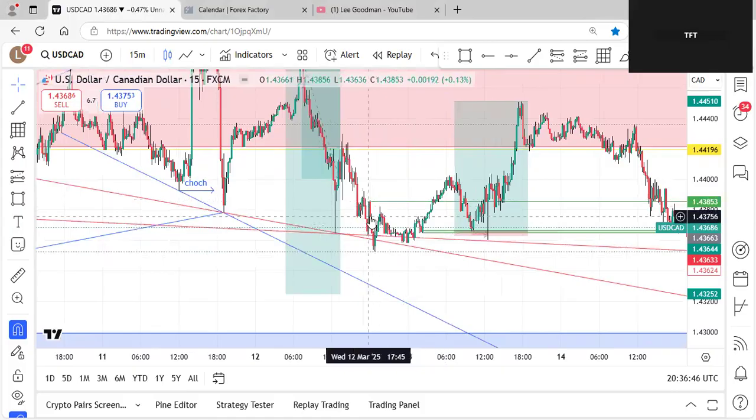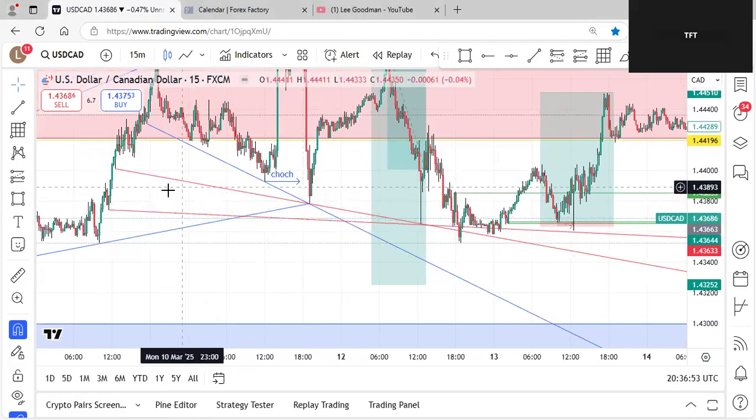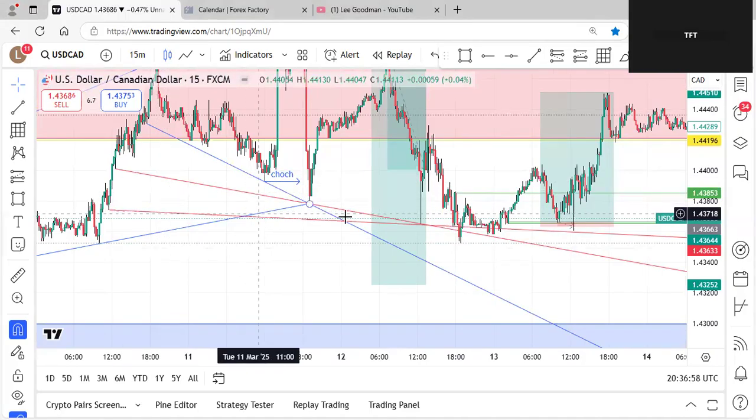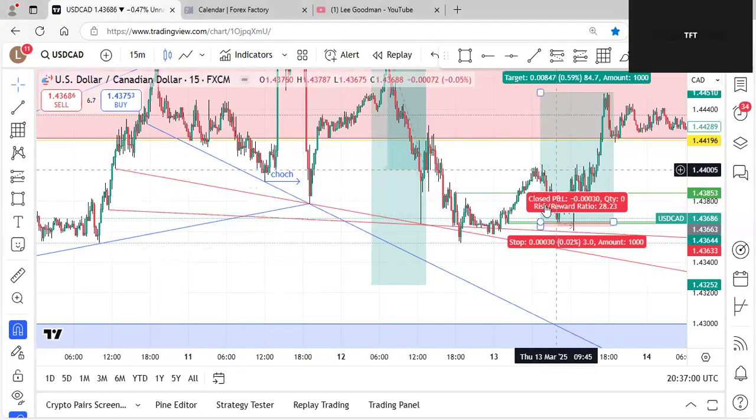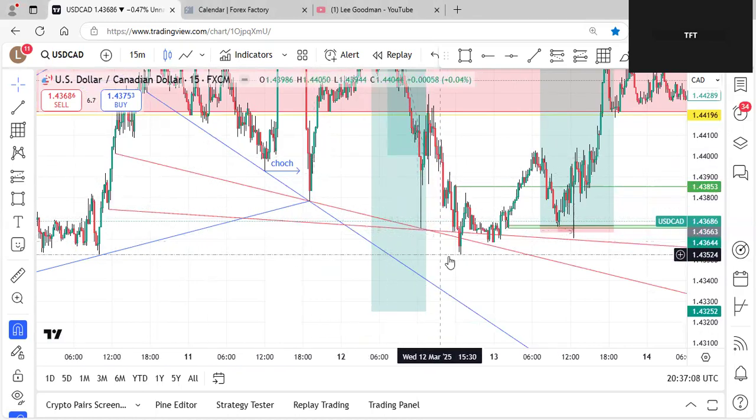But basically, the setup that I was looking for on this one, I've made the red liquidity lines the relevant ones for this sort of trade. So as always, it's one touch, two touch, three touch here, and then this sweeps it. It does the same with this other trend line as well.